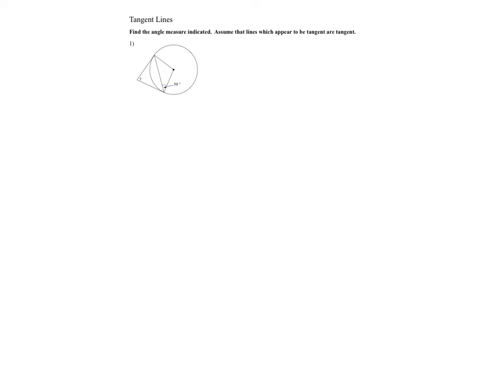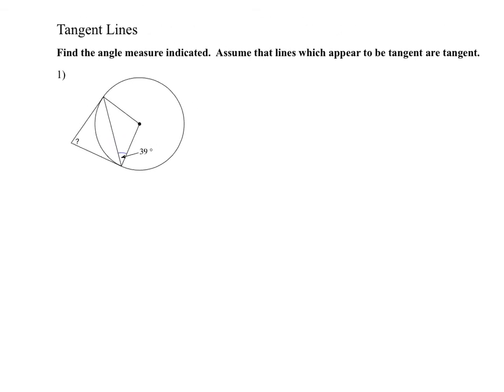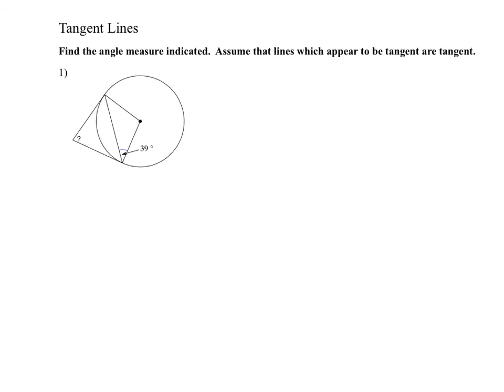So let's do this exercise. We want to find the value of the missing angle. Let's name it x. As you know, I have these two radii, so that means that this angle over here is also 39, because I have an isosceles triangle right here.